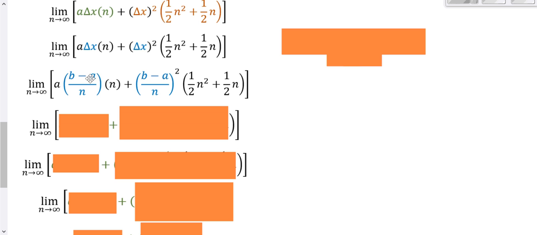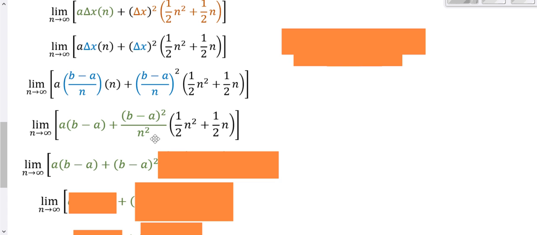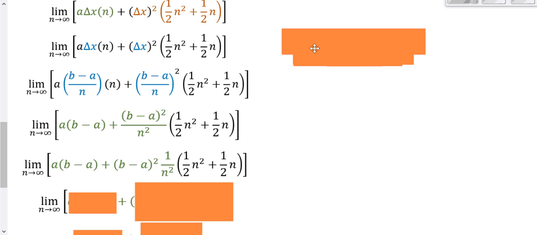You just have a times the top. Over here, I'm going to apply the squared to the top and squared to the bottom. This first part we'll just leave alone for right now. Now I'm going to write this as b minus a all squared. Instead of dividing by n squared, I'll multiply it by 1 over n squared.